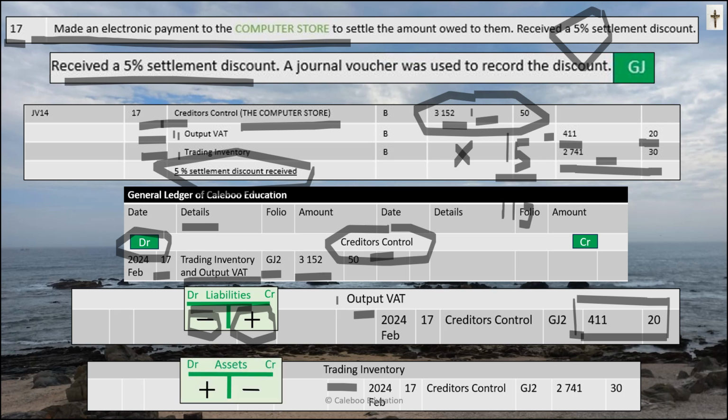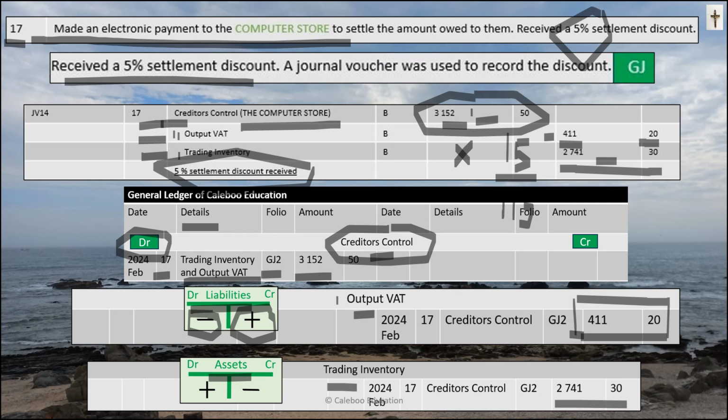Trading inventory. Trading inventory is an asset. The cost of the trading inventory has actually decreased because we got a settlement discount. And there's the amount it decreased by.